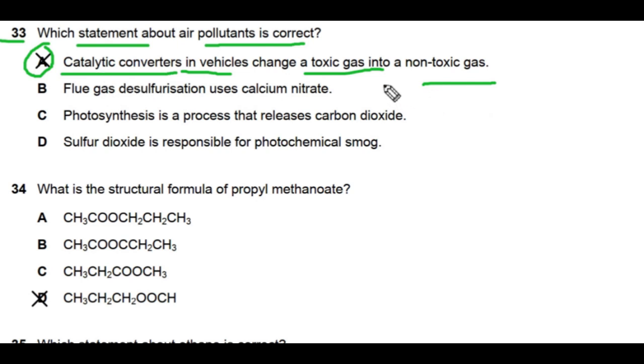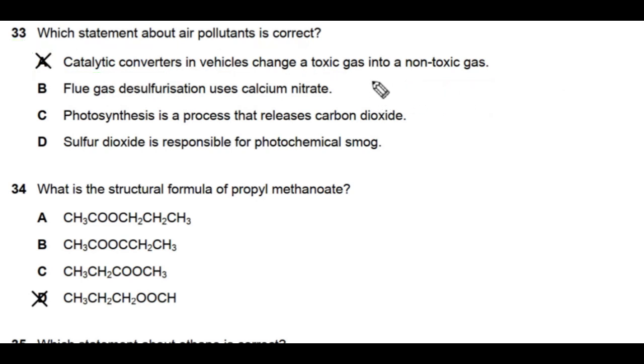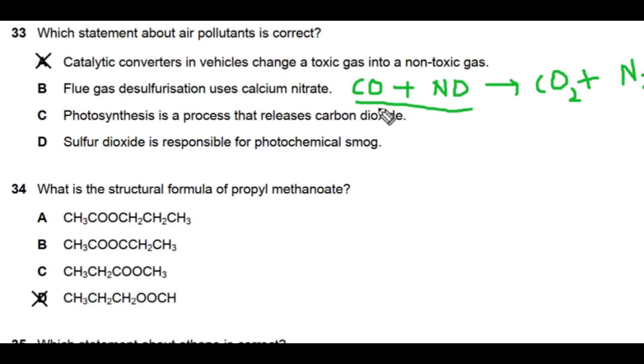In a catalytic converter, carbon monoxide reacts with nitrogen oxide to produce carbon dioxide and nitrogen. That means harmful, toxic gases are converted to non-toxic, non-harmful gases.